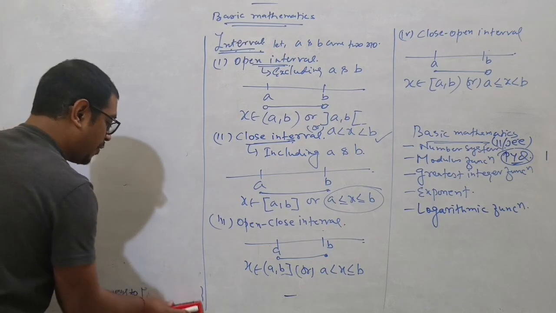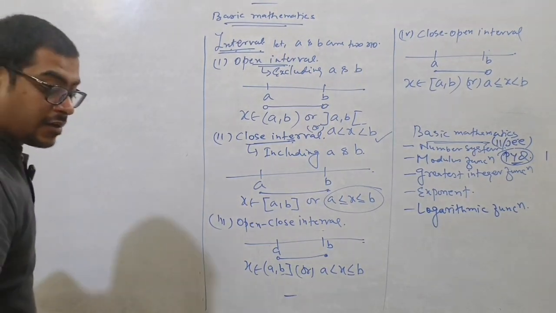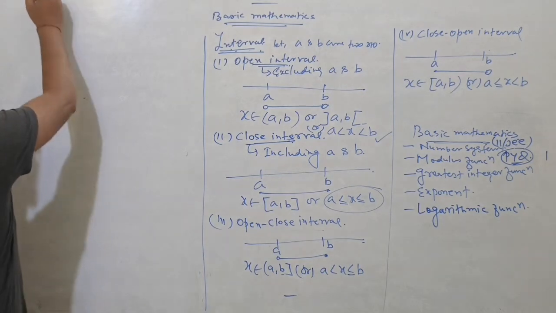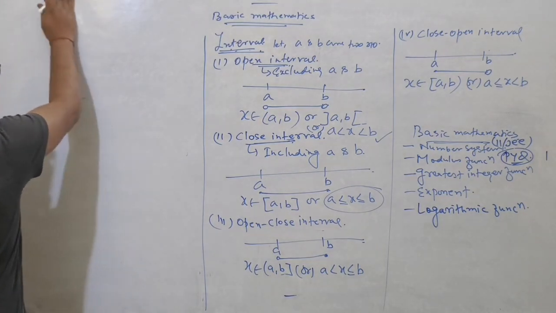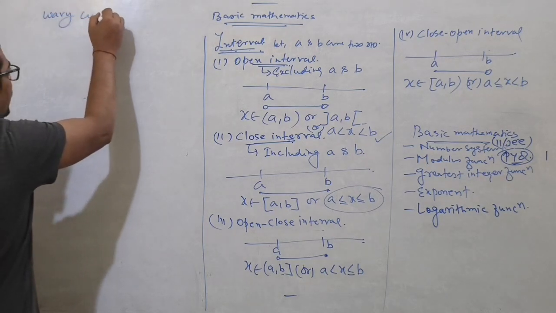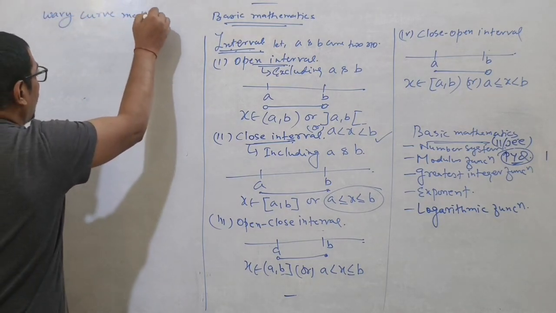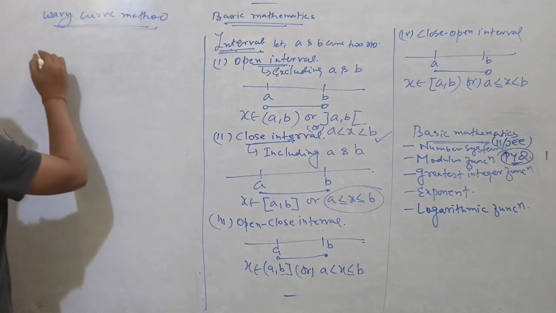So it is also called the wavy curve method, or the sign scheme.